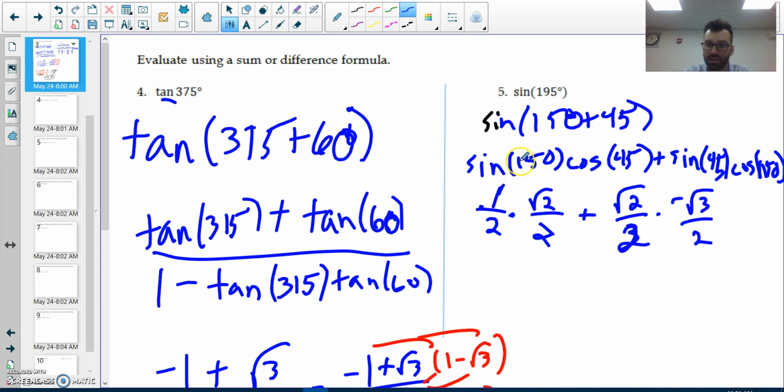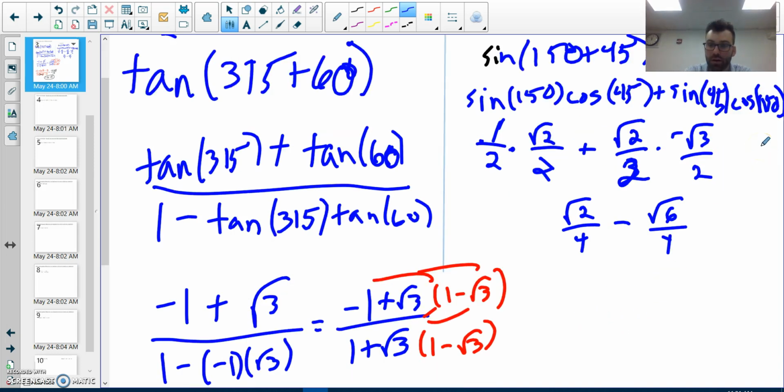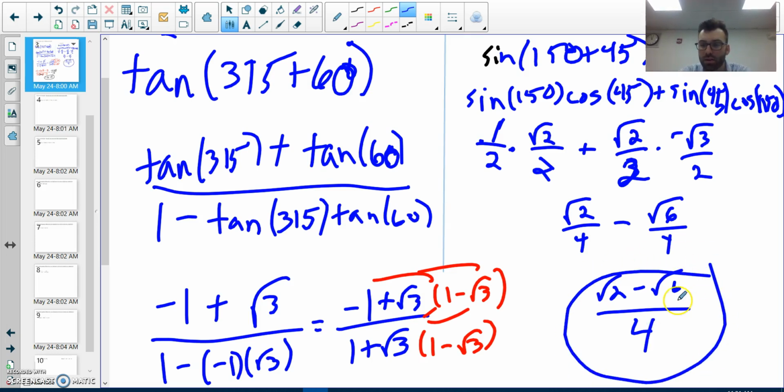So I multiply straight across the top: root 2 over 4. That's a negative, so negative root 6 over 4. I would just write that as one term, root 2 minus root 6, all over 4. That's a 6.